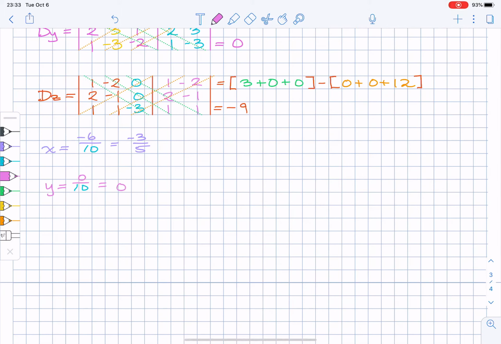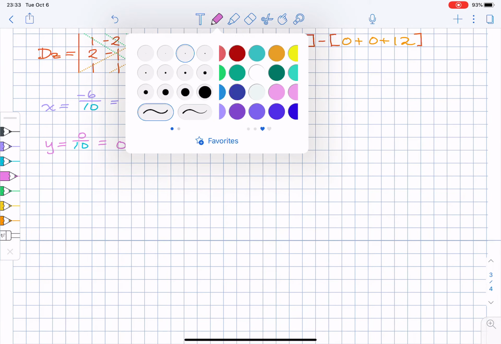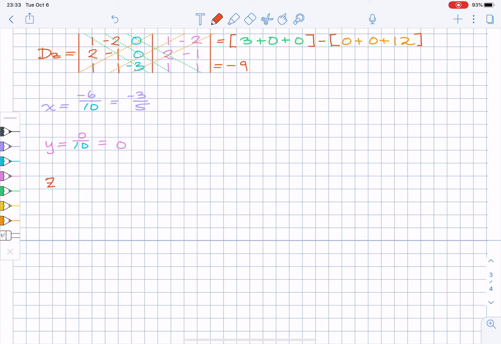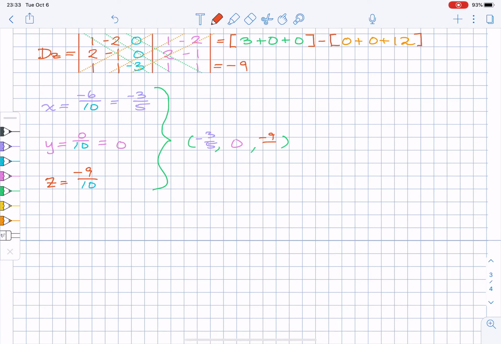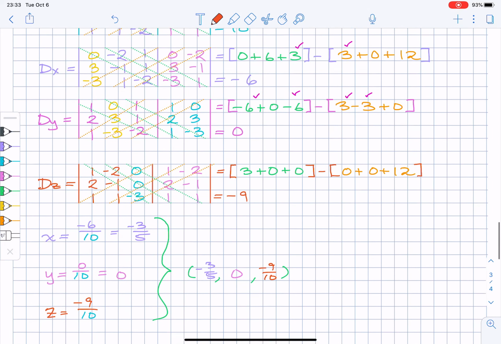It's just that you cannot divide by 0, right? And z is going to be D sub z, which is negative 9, divided by 10. Okay, so these three together give us the point in 3 space that satisfies this equation, namely negative 3/5, 0, and negative 9/10. Ugly numbers, but at least I've shown we can expand to 3 space here.